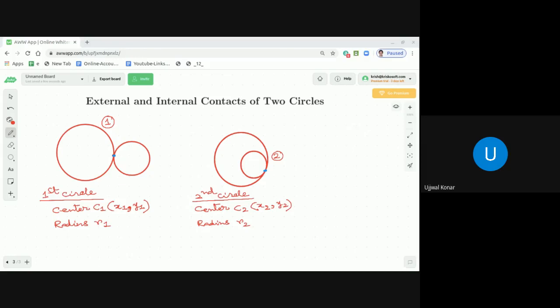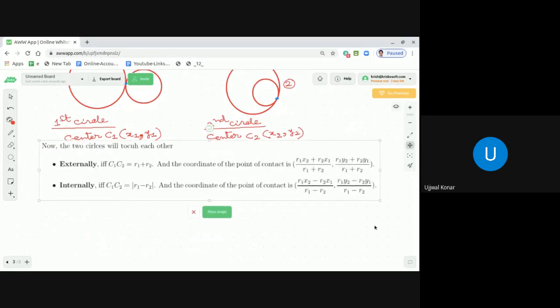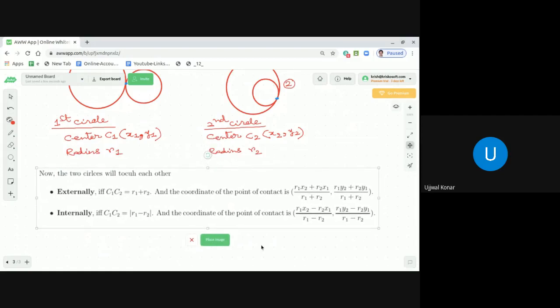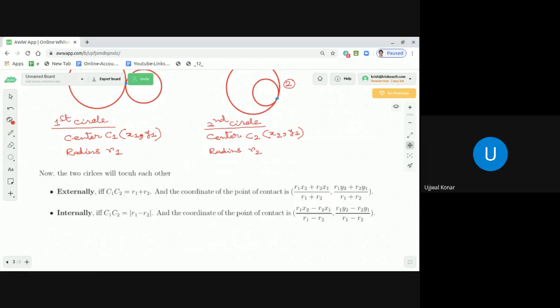Correct or not, dear students? The distance between their centers would be equal to the sum of their radii. We discussed that in one of our previous sessions. But today we are going to discuss the point of contact.